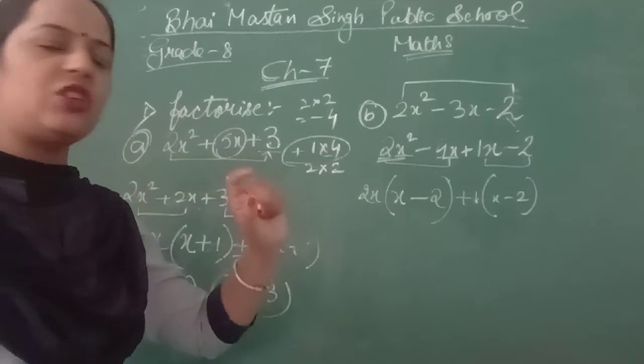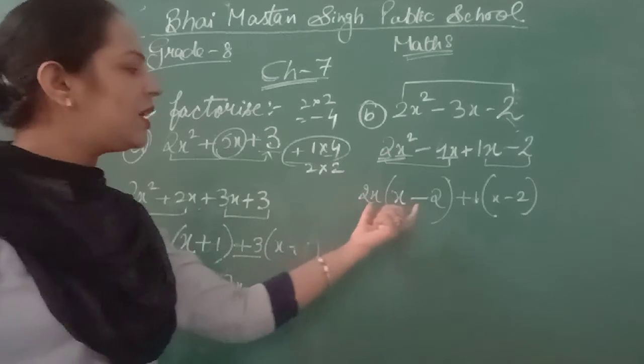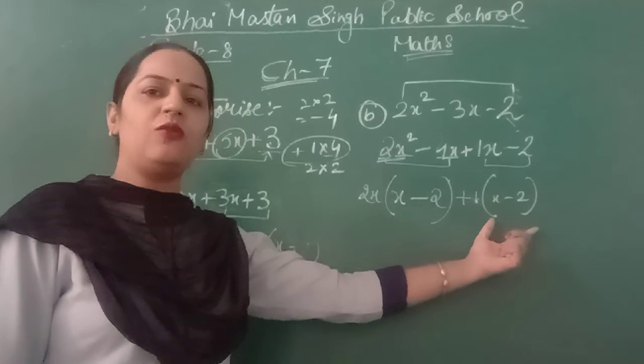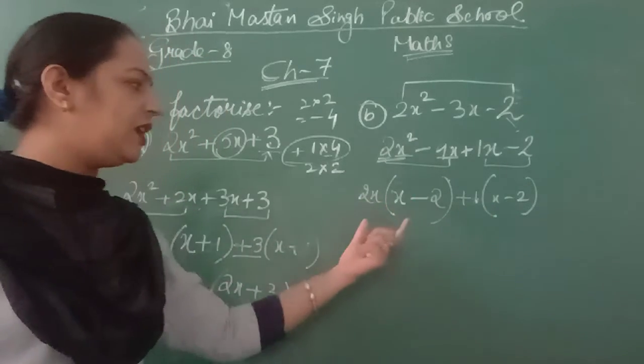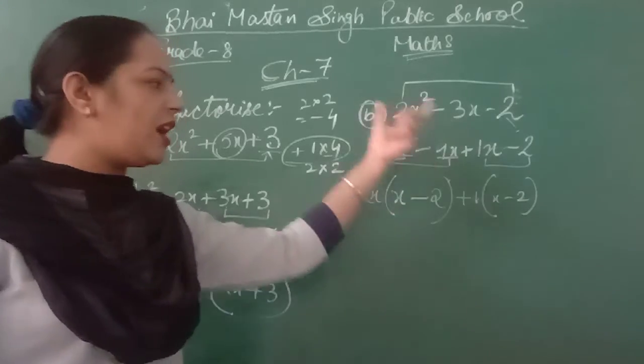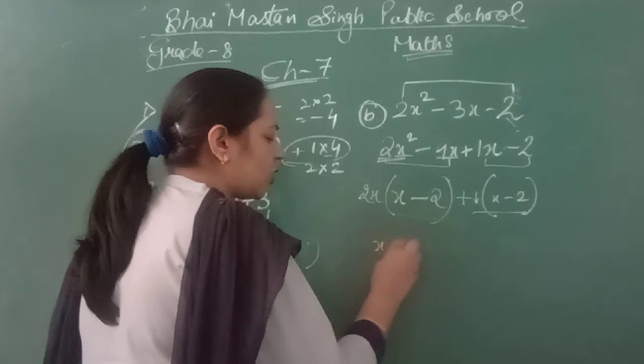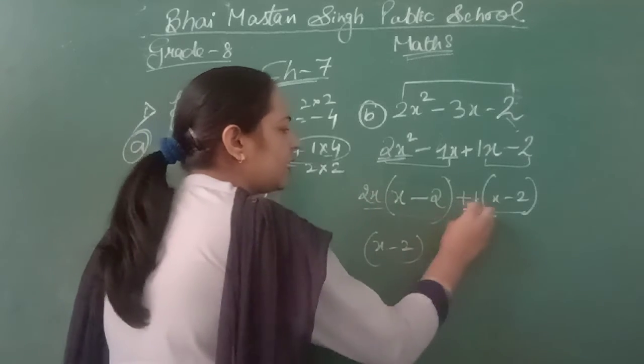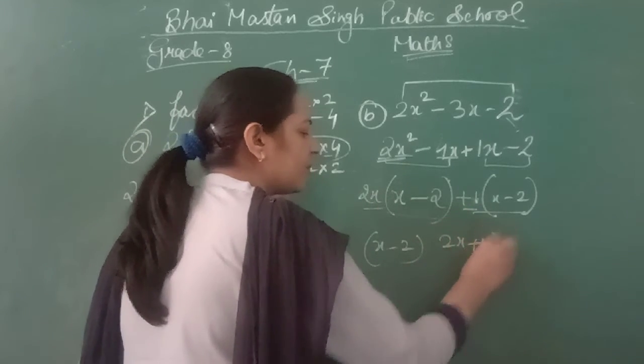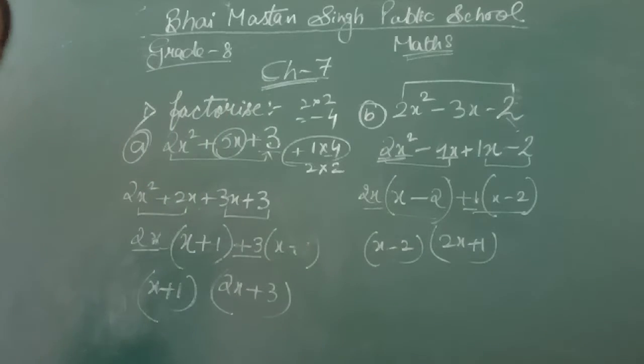The best thing to see is that the bracket should be the same, and then we can check if our answer is right. When brackets are the same, I take it as right. Now x minus 2 is common, and the remaining is 2x plus 1. This is the method.